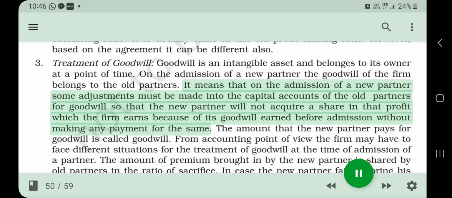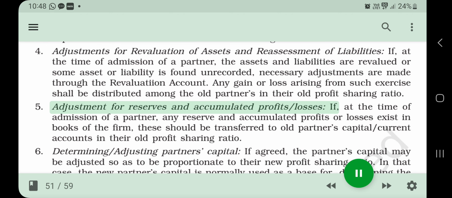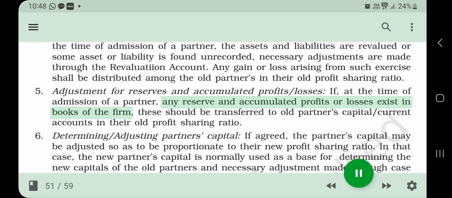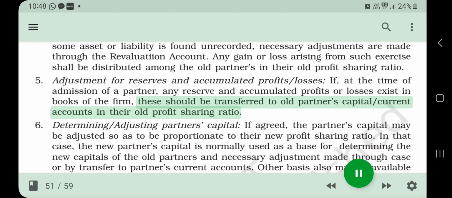Any gain or loss arising from such exercise shall be distributed among the old partners in their old profit sharing ratio. 5. Adjustment for reserves and accumulated profits and losses. If, at the time of admission of a partner, any reserve and accumulated profits or losses exist in the books of the firm, these should be transferred to the old partners' capital or current accounts in their old profit sharing ratio.